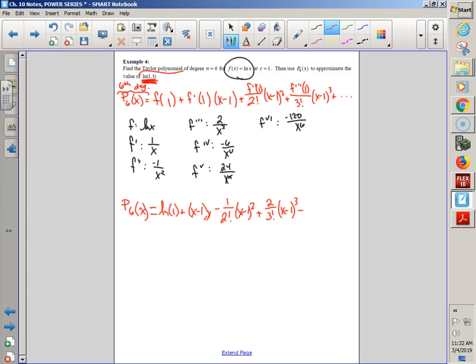F quadruple prime, so negative 6 over, okay, minus 6 over 4 factorial times x minus 1 to the 4th, and then plus 24 over 5 factorial x minus 1 to the 5th. Minus 1 to the 6th. Oh, no, p sub 6. Sorry, we have to stop.